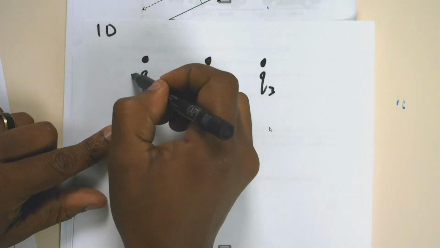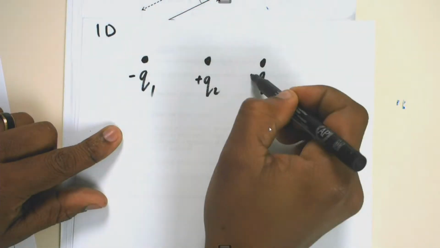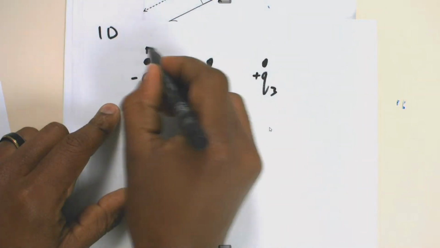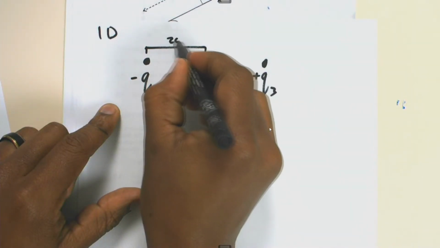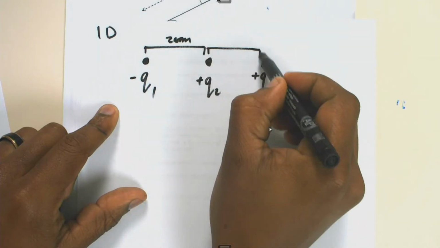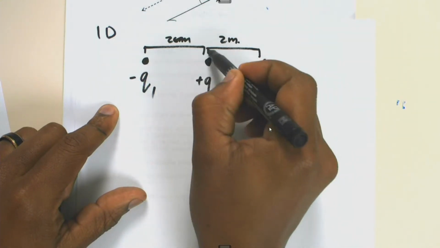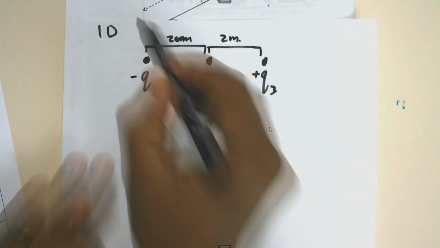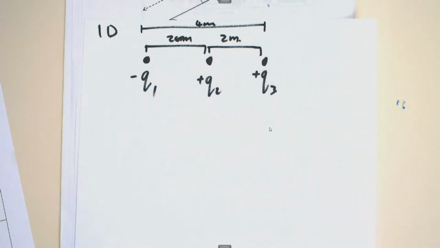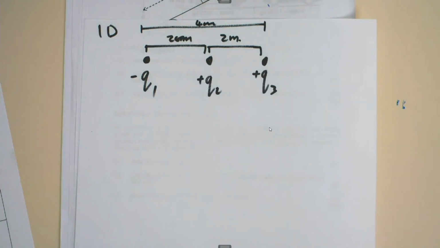This one might be negative, positive, positive, depending on what the examiner is trying to assess. At the same time, you'll have this information here. Let's say this one is 2 meters, and then you have this information here also, which is 2 meters. So the total thereof is something like 4 meters. Honestly, it depends on what the examiner is trying to assess.